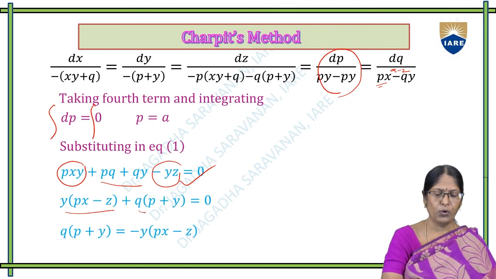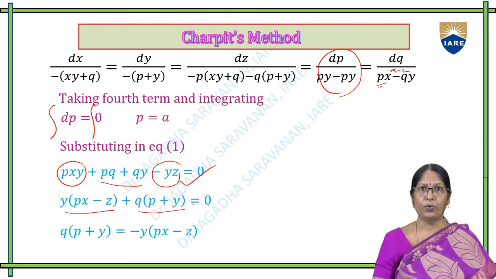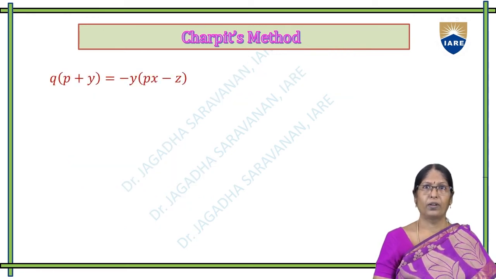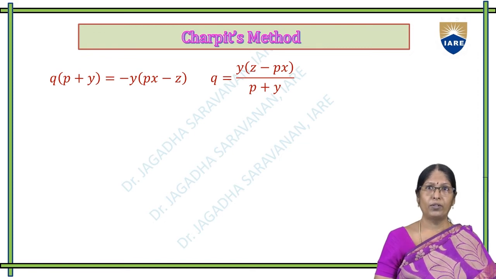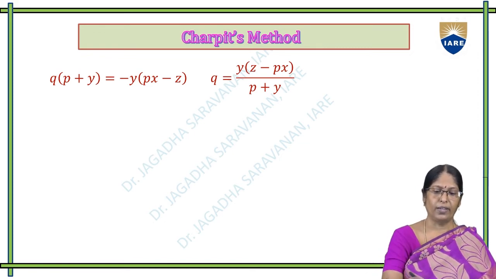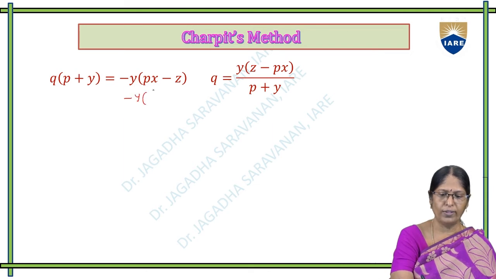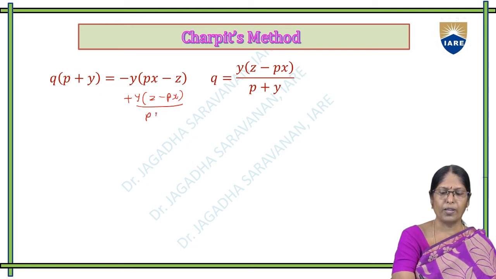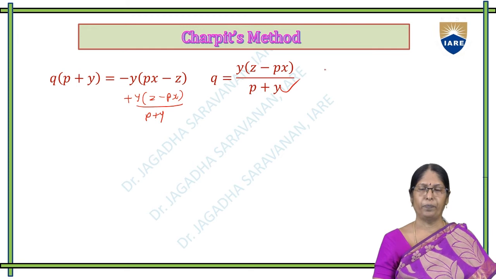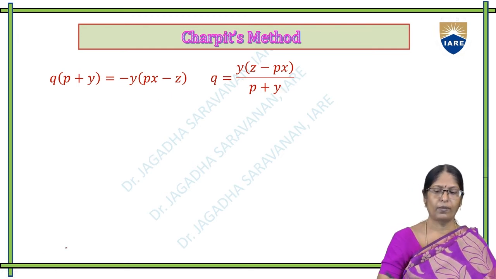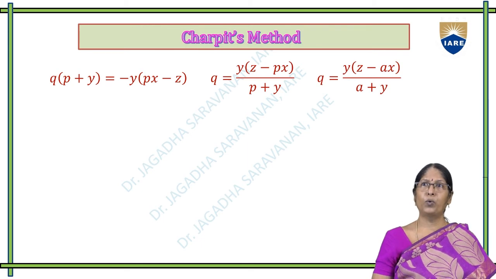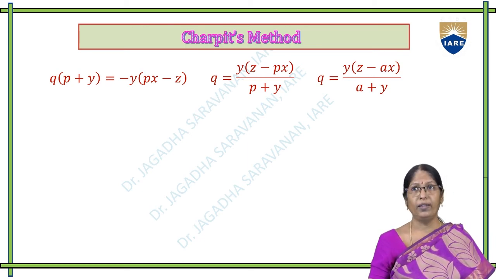So we can write q of p plus y equal to minus y of px minus z. So now q equal to, minus y of, again minus we are bringing out, then it is becoming plus z minus px divided by p plus y. So q equal to y of z minus ax by a plus y.